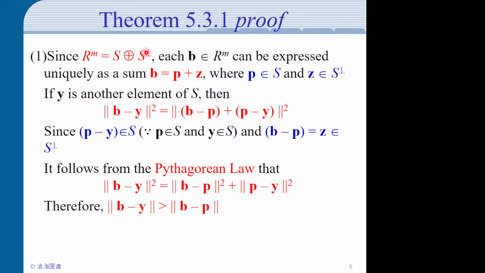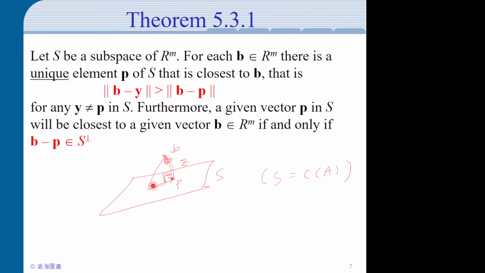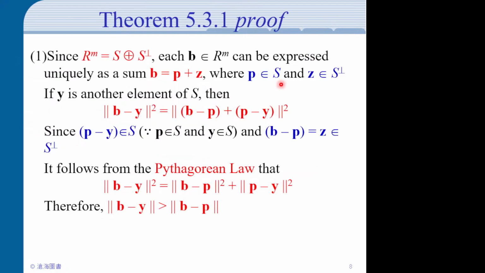Now we use the theorem we didn't prove, but we're still going to use it: everything inside Rm, which is b here, can be uniquely expressed as p plus z, where p is in S and z is in S complement. So p will be your closest point, and z will be something orthogonal to S. Now we have a pretty trivial proof.